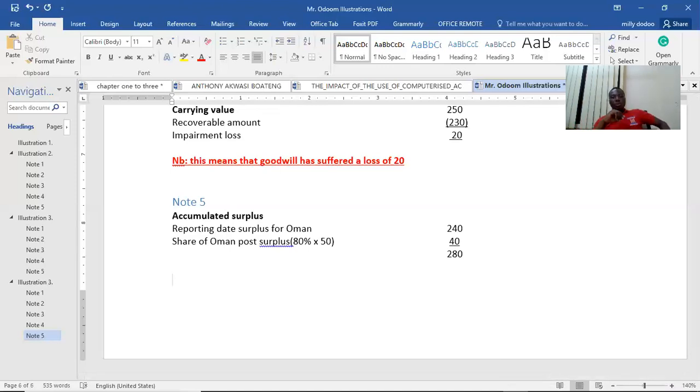So take note, here we subtract any goodwill impaired or any goodwill we are writing off or unrealized profit from here. But take note, it is always in the proportion of the percentage holding. You must always take note of the percentage holding. As we go along, I will explain everything bit by bit for you to understand, and you must get the principle right. Once you get the principle right, everything is going to be okay. So now we have impairment.